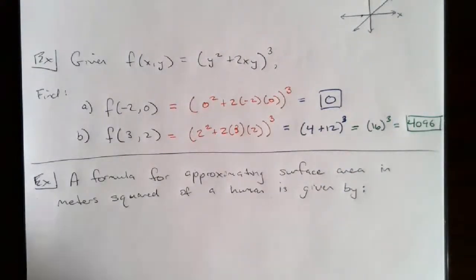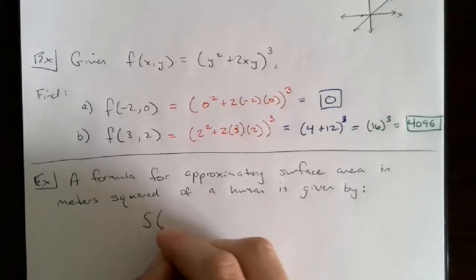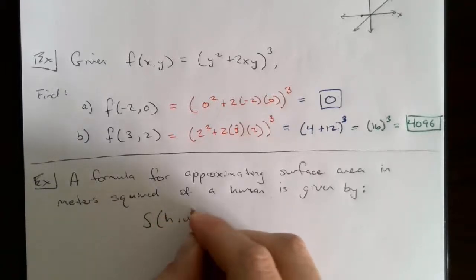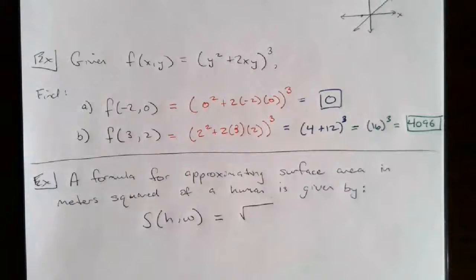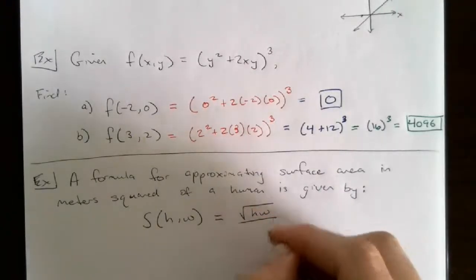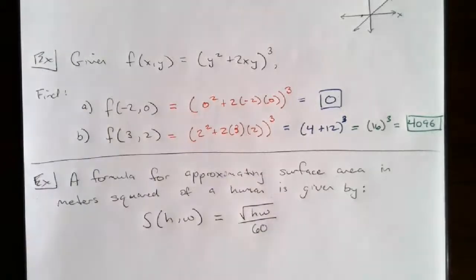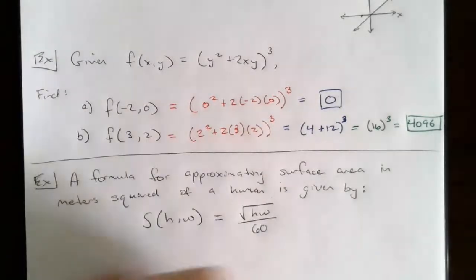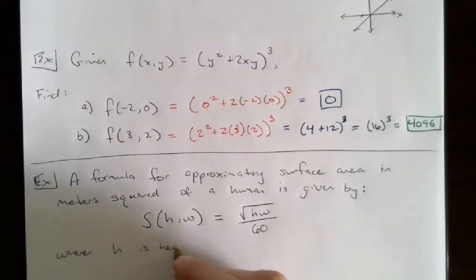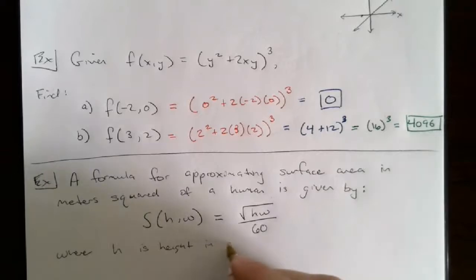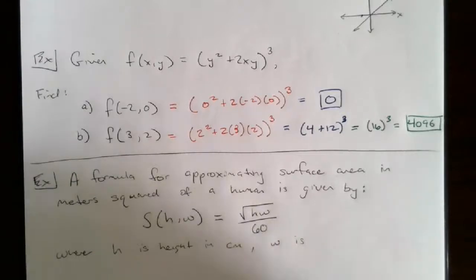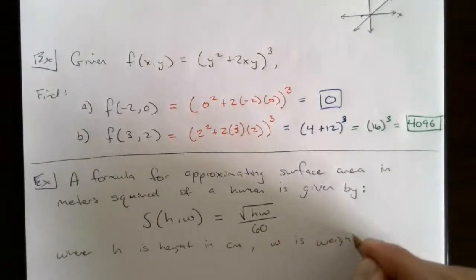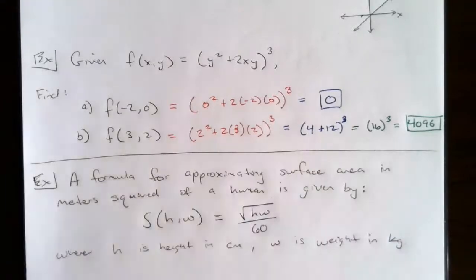So it's given by this formula, and they use this function they call S of H comma W. So those are the inputs, and it's equal to the square root of H times W over 60. So that's a formula where H is height in centimeters, W is weight in kilograms.